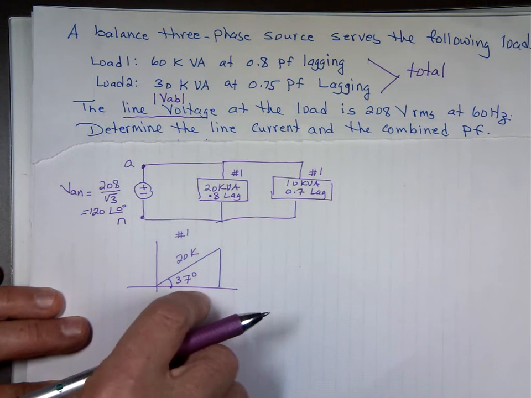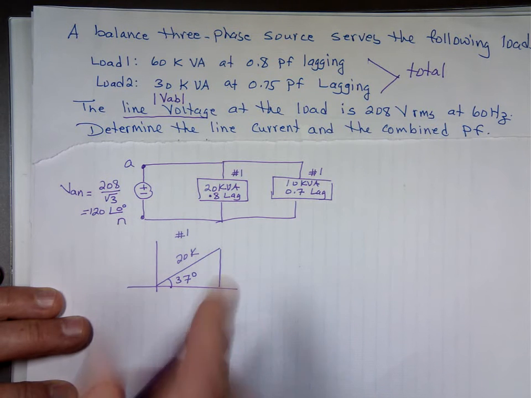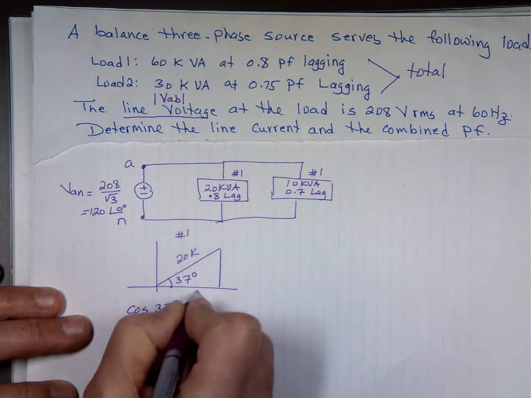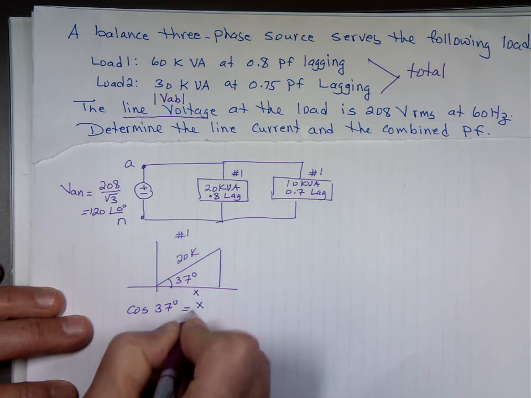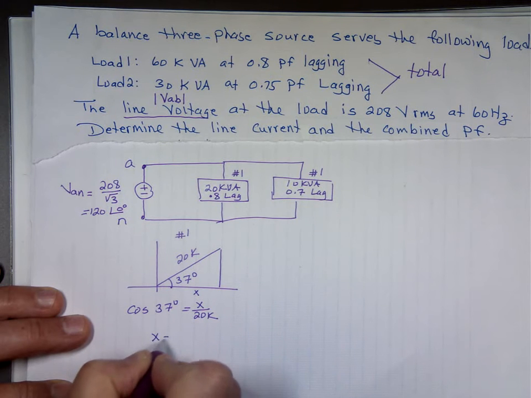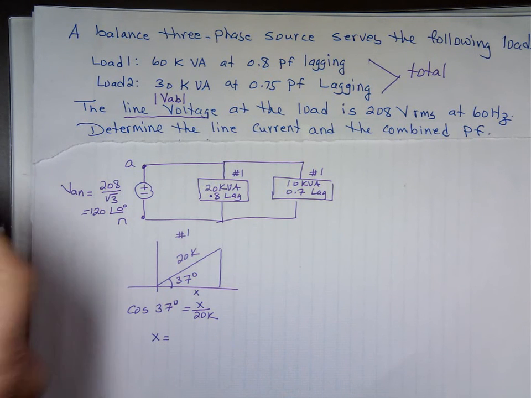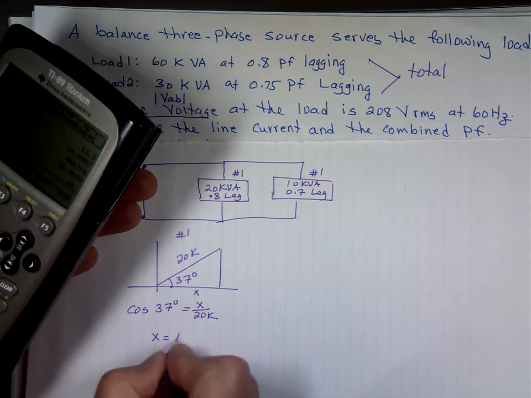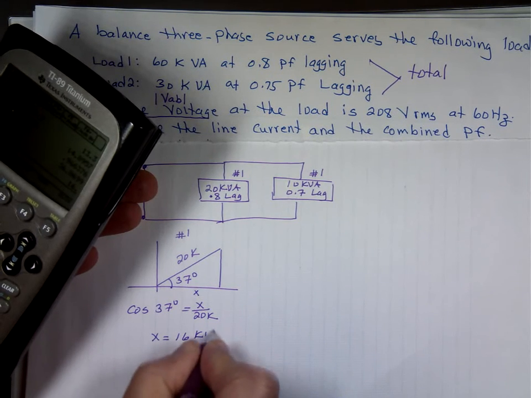How do you get this number? We can use the cosine. Cosine 37 degrees equals x over 20k. So what's x equal to? Take the cosine of 37, which is 0.8, times 20, that's 16 kilowatts.